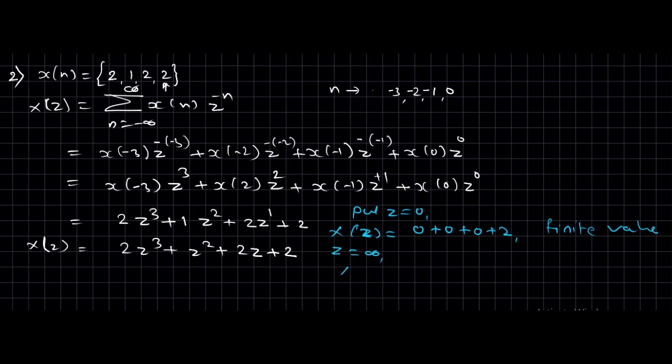So X of z will be infinity if the magnitude of z is infinity. Means the region of convergence is present for z equal to 0 but not present for magnitude of z equal to infinity.